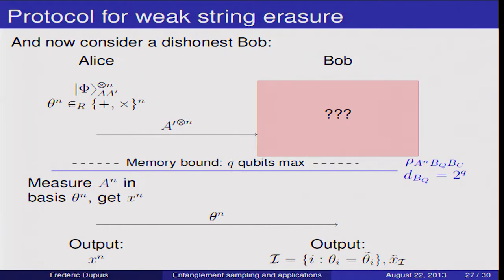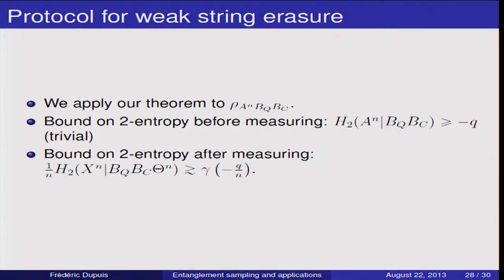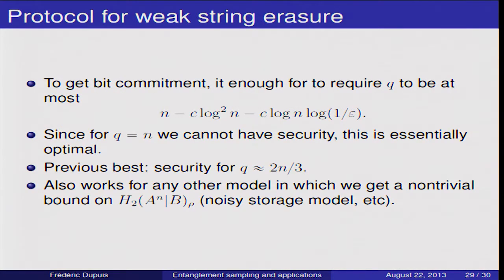And at the end here, we're basically in a setting where we can apply the theorem in that all that's left is that Alice measures in a random basis, and we need to get a bound from that. So we can just apply our theorem to that state at this stage of the protocol, and we basically get a bound immediately.